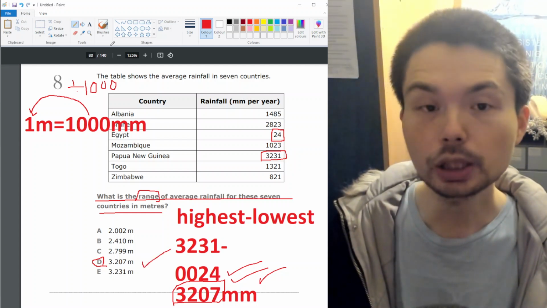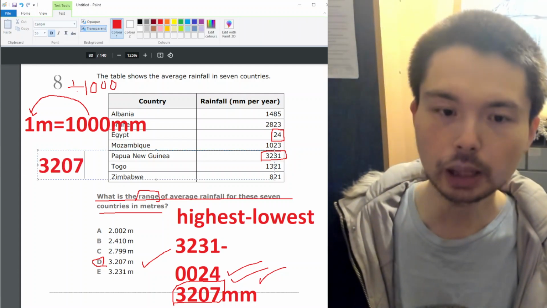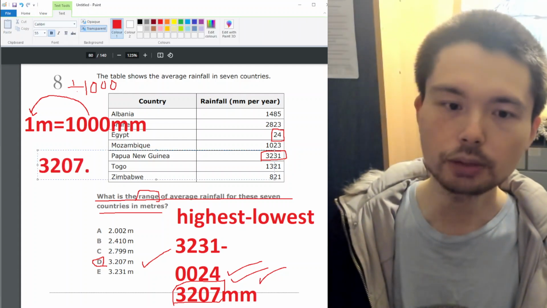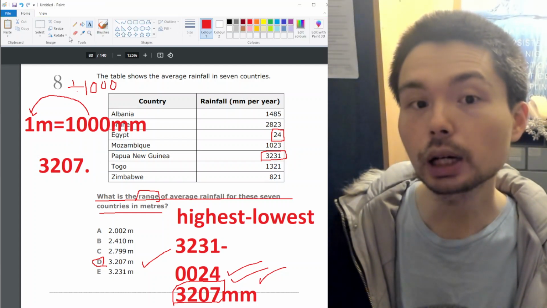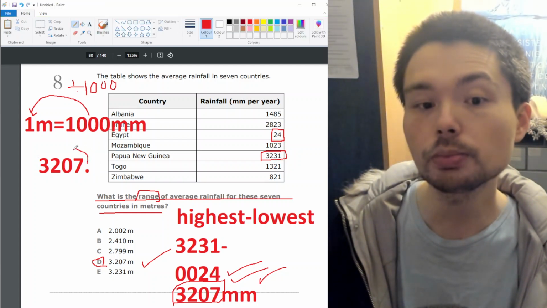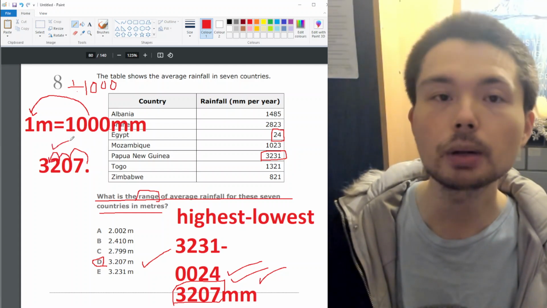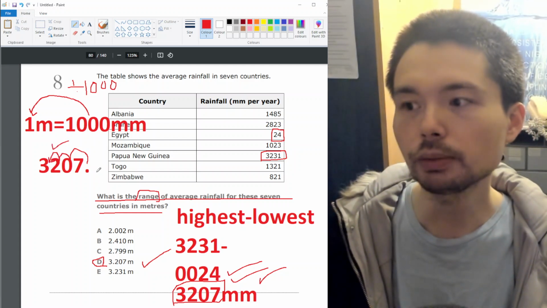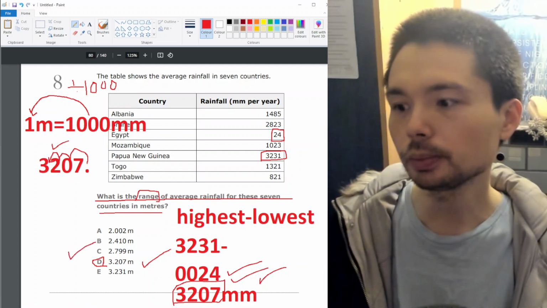If you divide any number by 1,000, just want to make sure you guys know, every single number, the decimal point is on the right. When we divide by 1,000, all we do is move it 3 places to the left. We have the number 3.207. Good. D is correct. Next question.